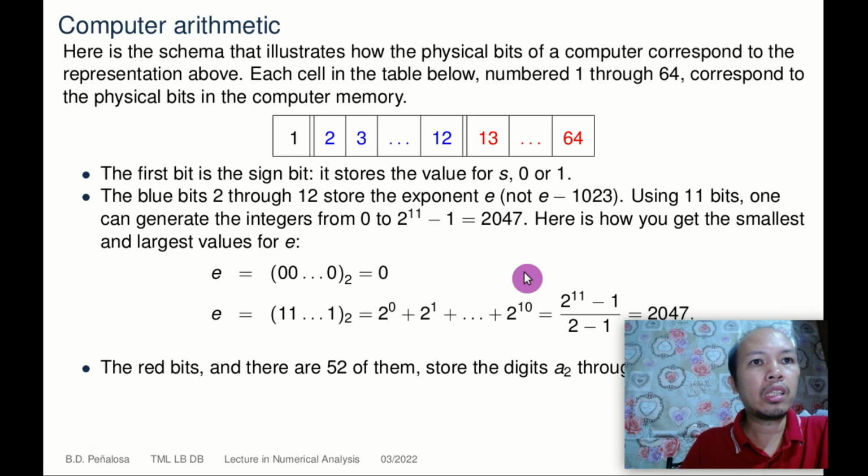The reason why we have to put minus 1 here is based on this analogy. 2 to the 0 plus 2 to the 1 plus up to 2 to the 10 is equivalent to 2 to the 11 minus 1.